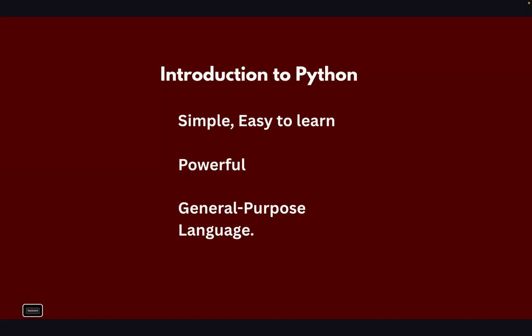Why is it simple and easy to learn? Because Python has the easiest, most readable syntax. Because of its clean and readable syntax, we call Python simple. When I say syntax, we mean the way we write the code.